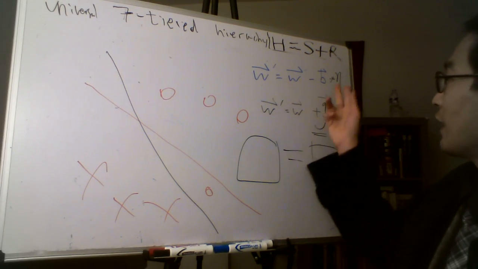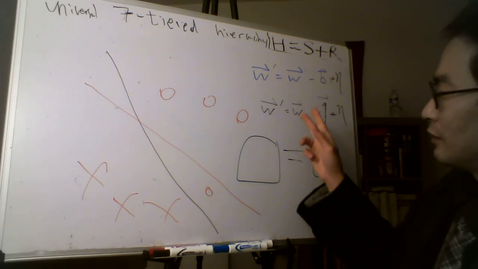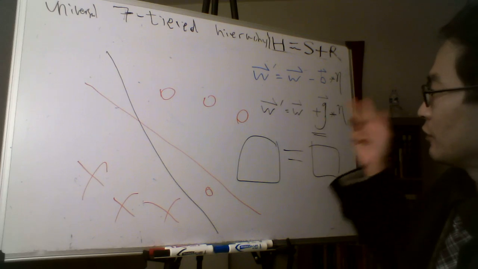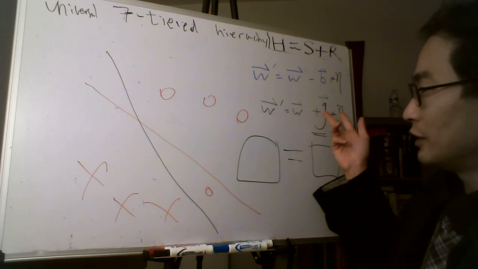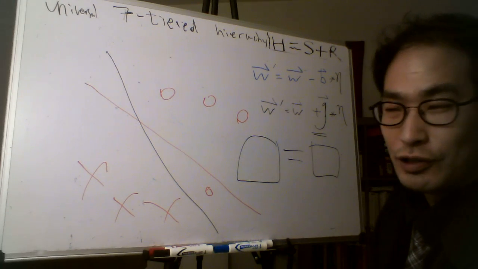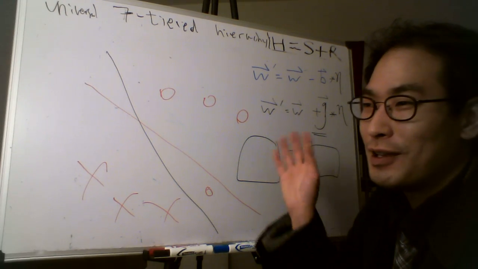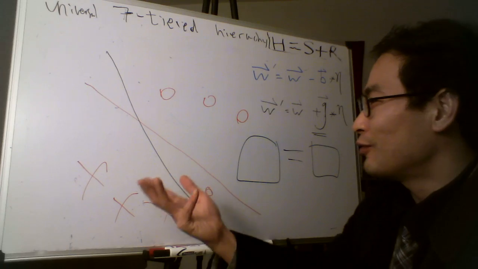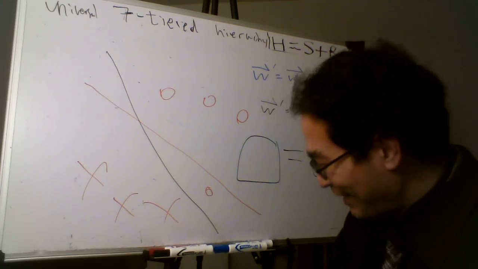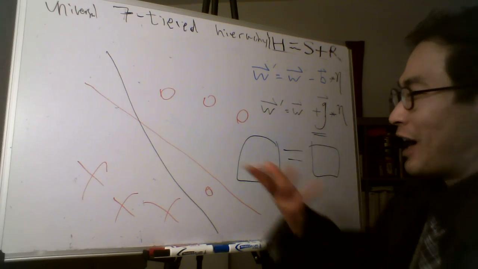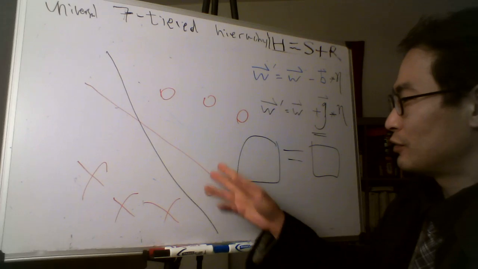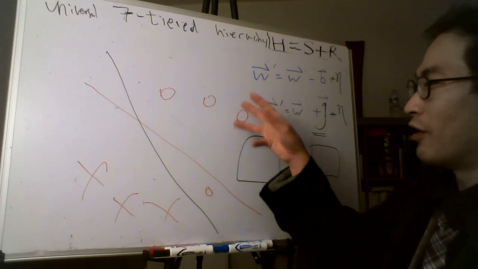A bad guy is misclassified, we want to exclude them, so we subtract. A good guy, we want to include that person, so we give some reward. We be nice to them: come join our club, you're a nice guy, we want you. Give some reward, a bribe, so that this good person becomes one of us.